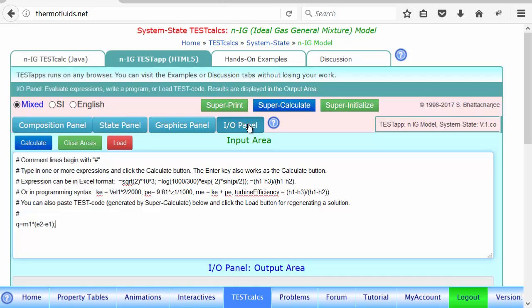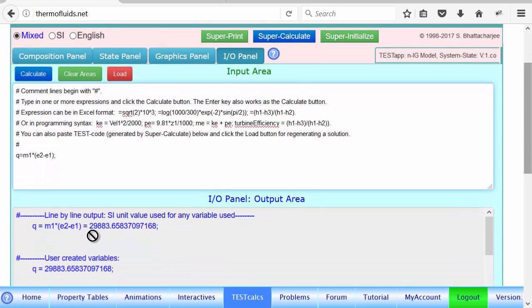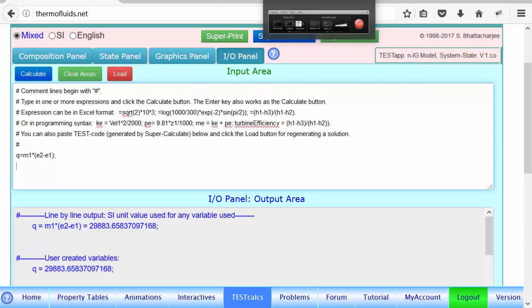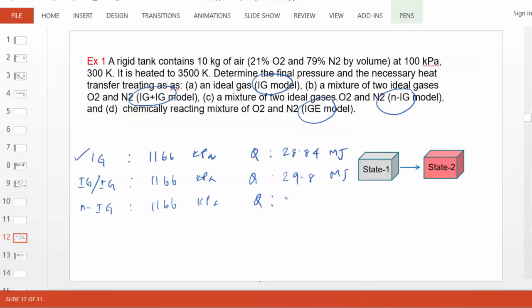Everything is the same, we're just repeating the calculation, and the answer in the output panel is displayed as 29.8, exactly what we got for the binary mixture. And now comes the equilibrium mixture.